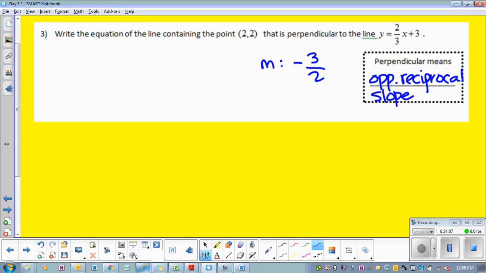Yes. You know what? I don't have to write it then. Just write it out. There we go. Okay. So if I were to write this equation, y minus, what's the y number that they gave me? 2 equals -3/2 times x minus 2.